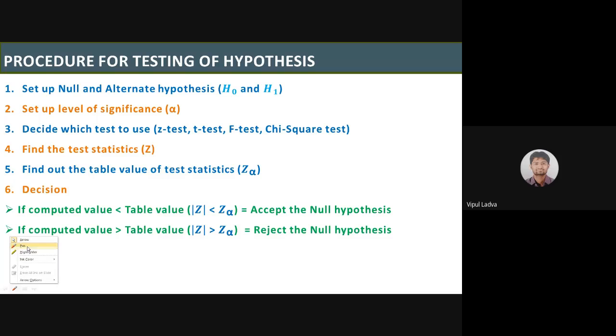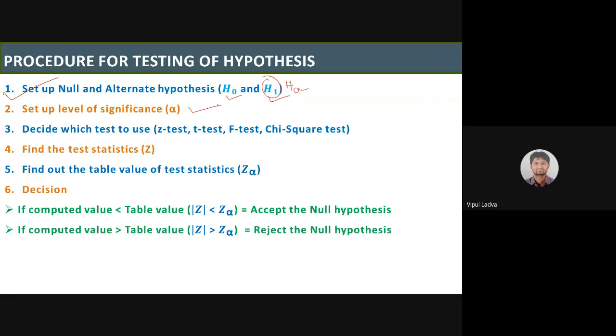Now let me explain once again. First, we will set up a null and alternative hypothesis, labeled as H0 and H1, or we may use a different notation, HA. After setting the null and alternative hypotheses, we'll be checking the level of significance, कि वो क्या दिया हुआ है.